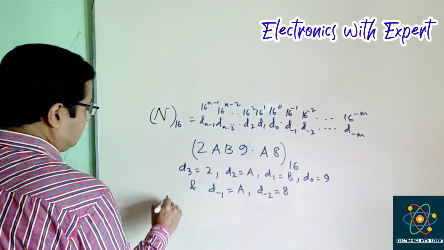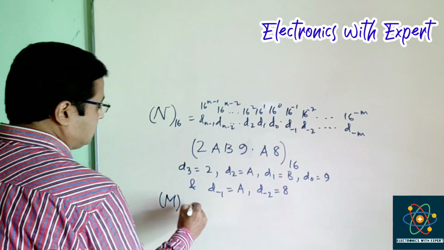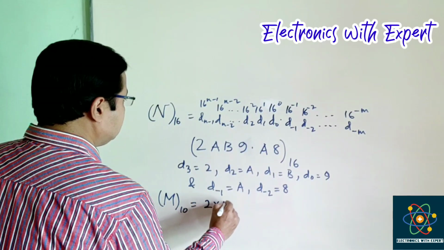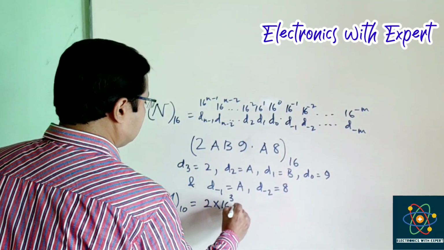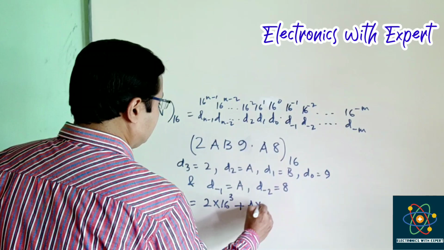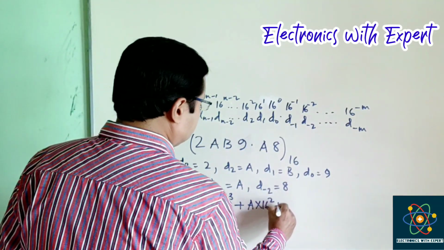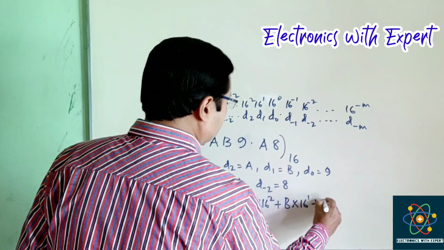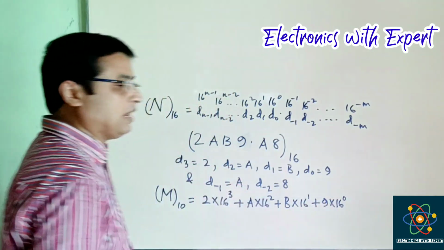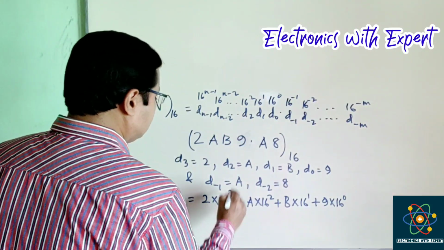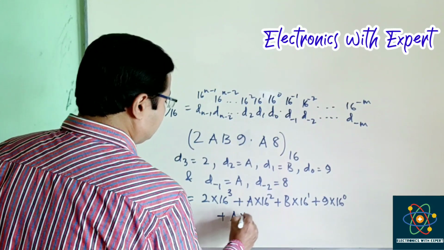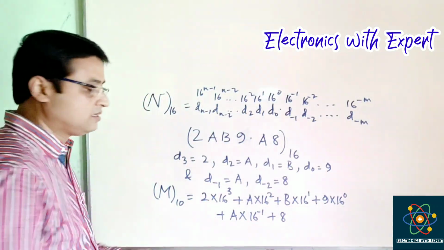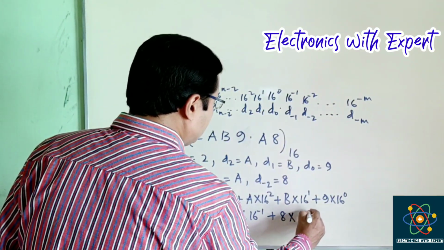So the converted decimal number will be D3, that is 2 into 16 to the power 3 plus D2, that is A, into 16 to the power 2, D1, that is here B, it is into 16 to the power 1, D0, that is 9, it is to be multiplied by 16 to the power 0, and then D-1, that is A, it should be multiplied with 16 to the power -1 as well as D-2, here is 8, so it should be multiplied to 16 to the power -2.